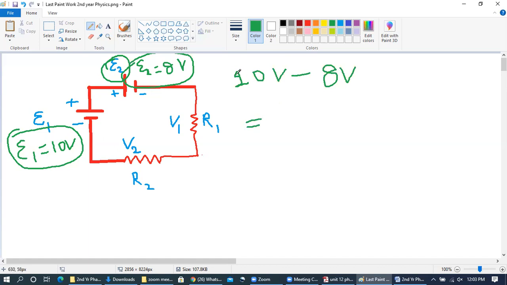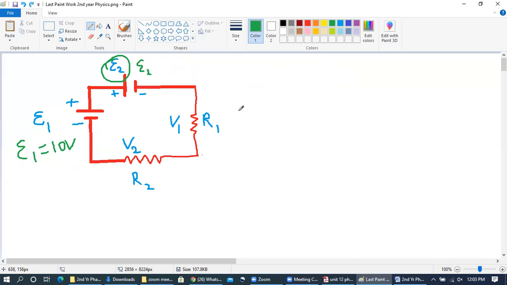Therefore 10 minus 8 will be 2 volts. So the overall current will be moving due to this 2 volt difference. Okay, anyhow, I'm going very deep. I think there is no need to go too deep.